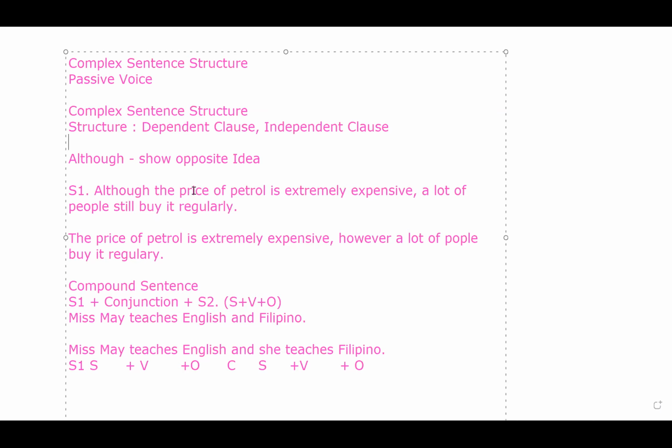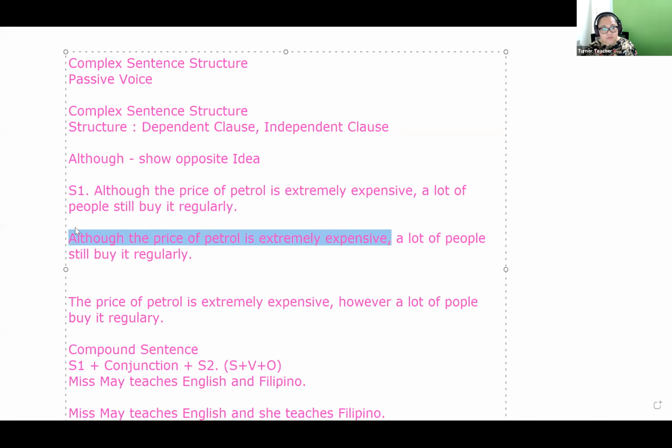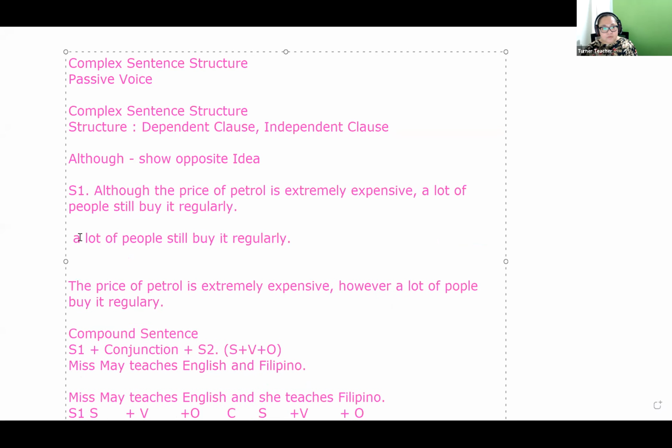Miss May, the second sentence you already wrote: the price of petrol is so expensive. If you want to change it, it doesn't matter as long as there's a dependent clause and an independent clause. So you can say: a lot of people still buy petrol regularly, although it is extremely expensive.